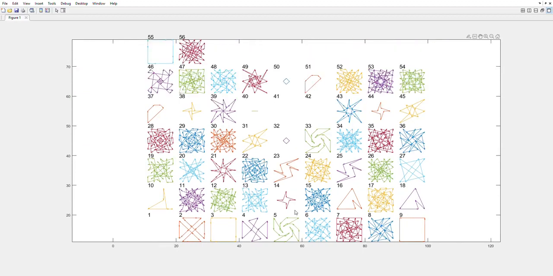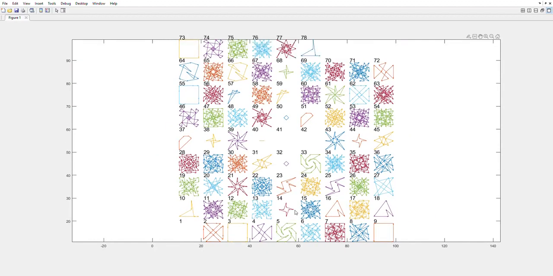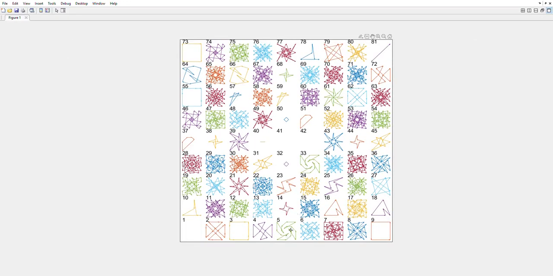So we see even more and more intricate and more complex patterns. This one, for example, is quite beautiful. We have a 5, we have a rose type, and then we have also other kind of more symmetric, but still beautiful patterns.